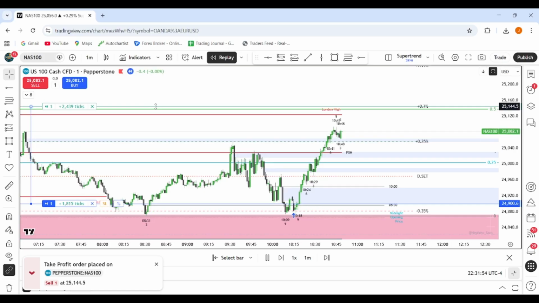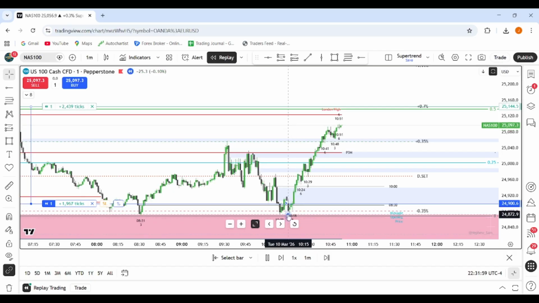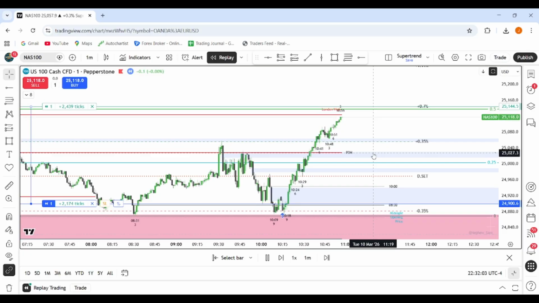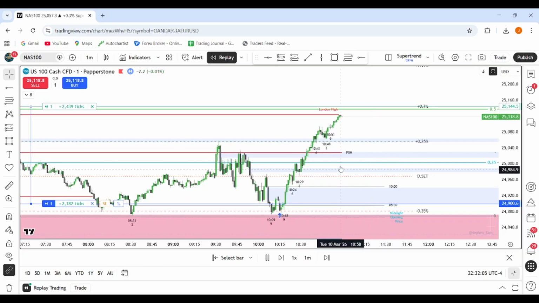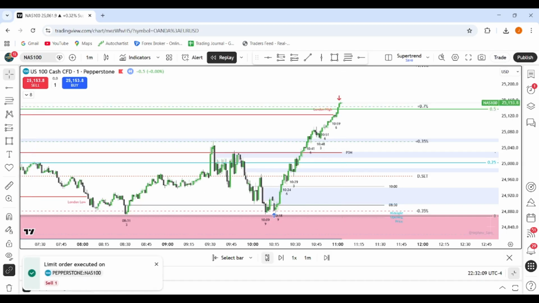As you see, price does make it all the way up there from between 10:15 all the way up by 11 o'clock. And that was basically it.